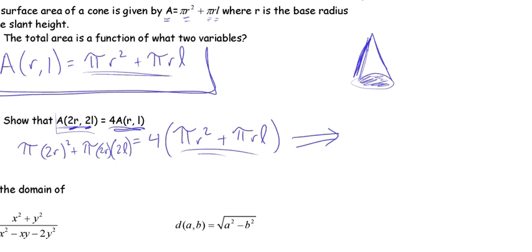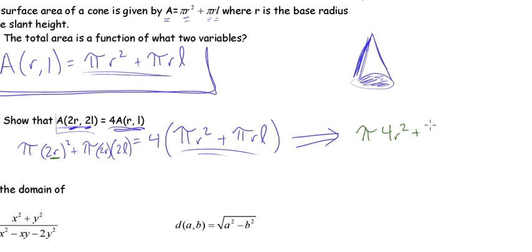So let's slide over to the right a little bit, and we'll switch colors here. So pi times 2r squared. Well, 2r squared, that's 4r squared. So pi times 4r squared plus pi times 2r times 2l.